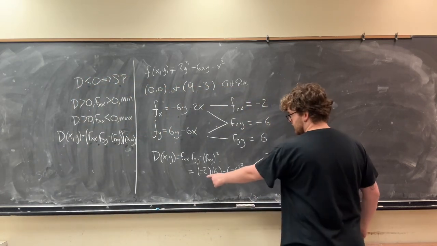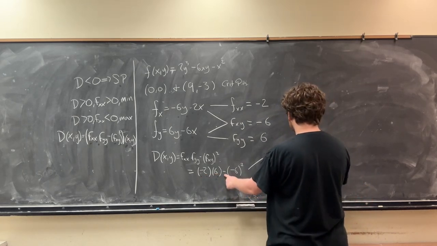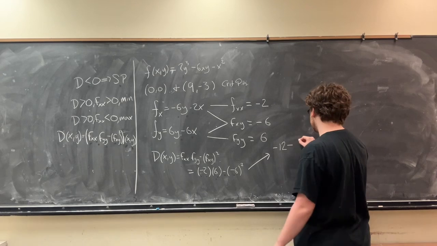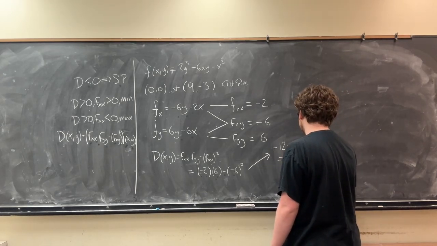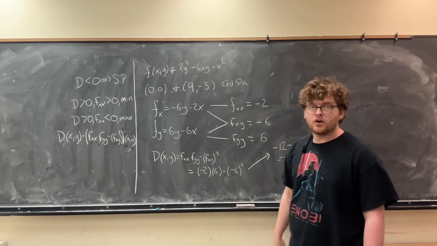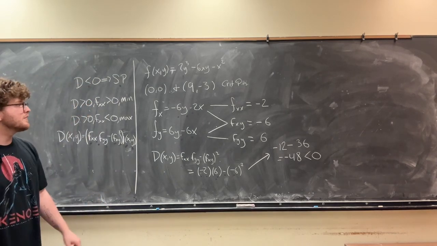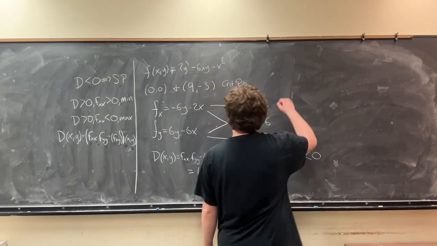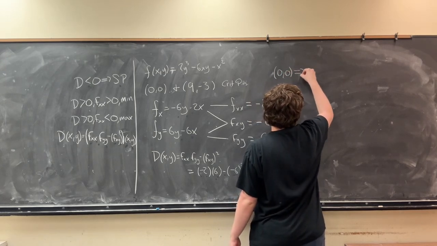That gives us negative 2 times 6 is negative 12 minus negative 6 squared is 36. And then this gives us negative 48, which is less than 0. Recall that our D test said that if D was less than 0, we have a saddle point. So that means that (0, 0) is a saddle point.